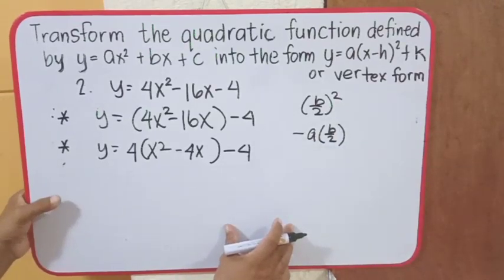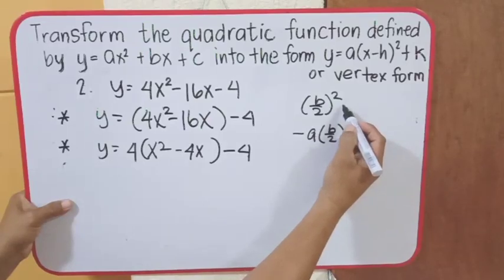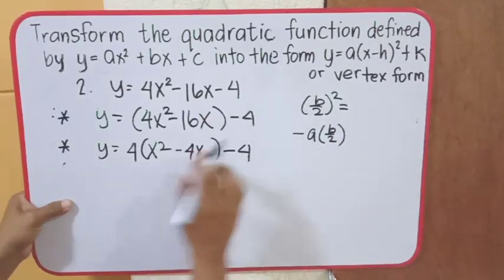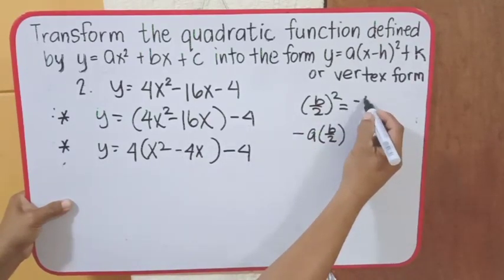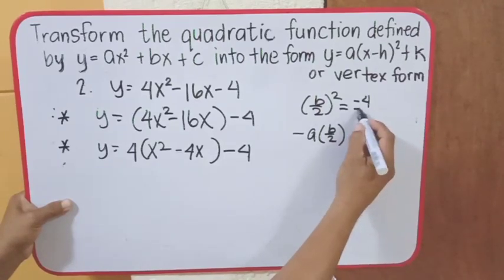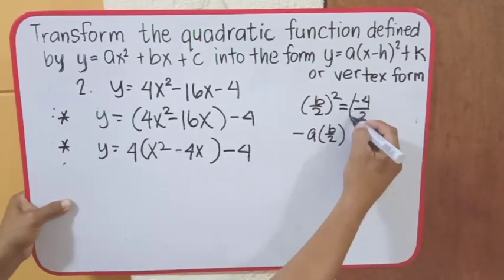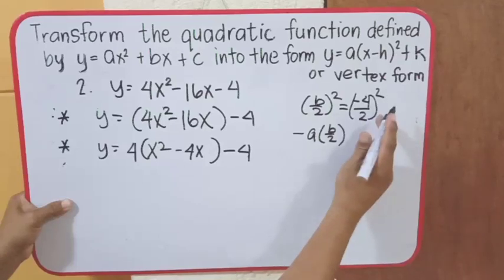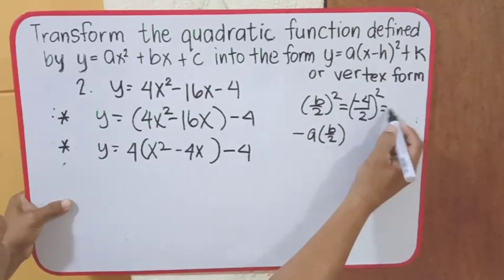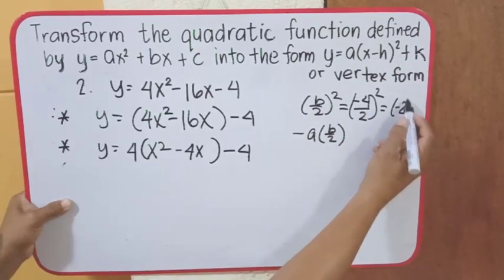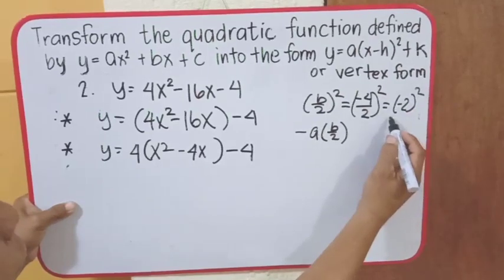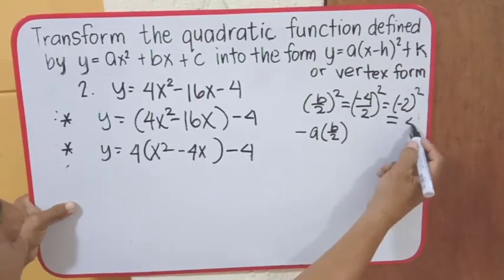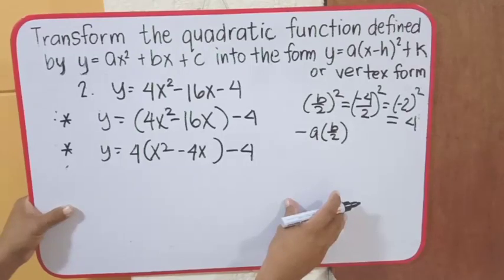So, substitute lang natin. Ang b natin ay negative 4. Copy lang ang denominator, which is 2. Then, negative 4 divided by 2, that is negative 2. At ang square ng negative 2 is equal to positive 4.